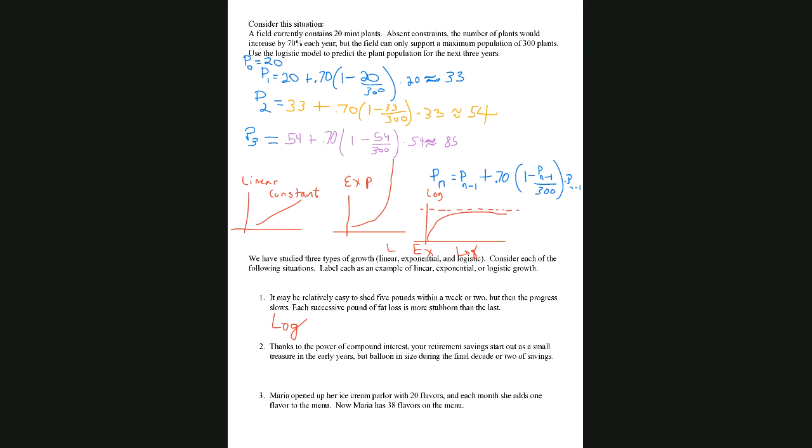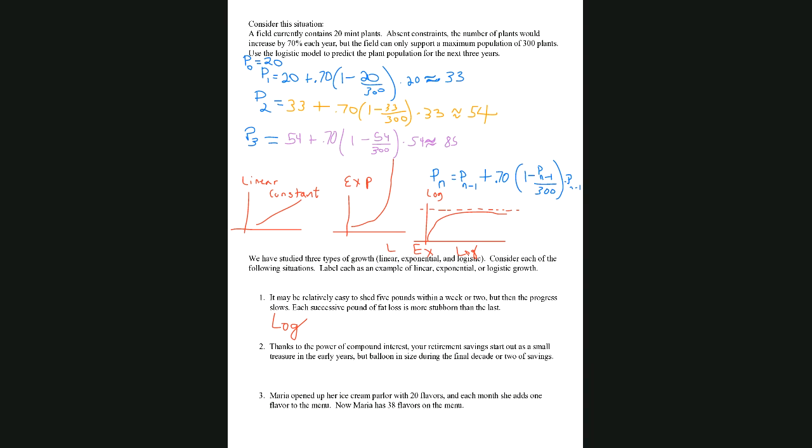So this would be an example of logistic growth, because if we think about number of pounds you lost as what's growing, you grow quickly, you lose a lot of pounds at first, and then as you reach the threshold, we call it, you don't lose as much.